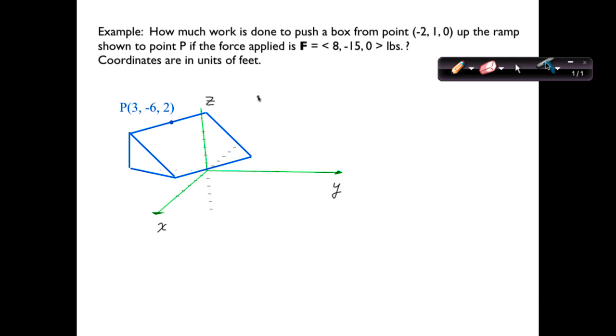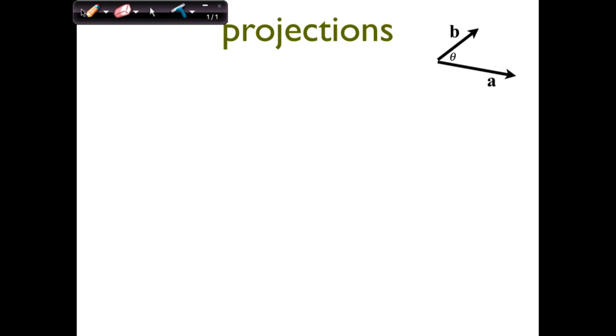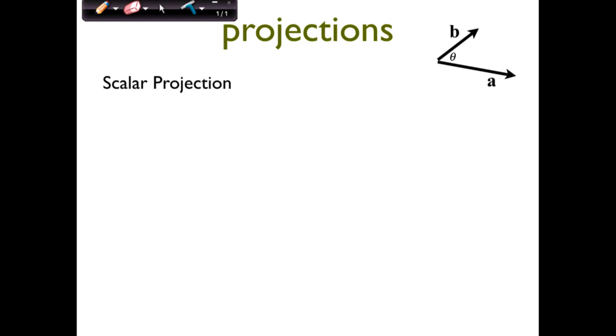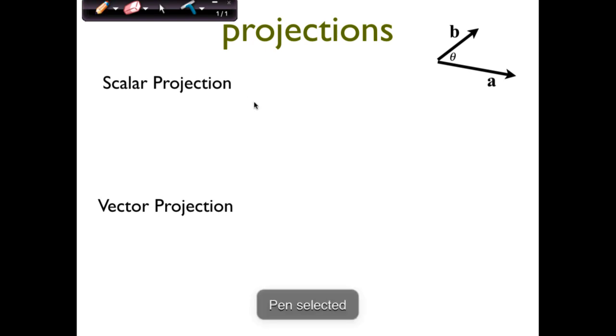Okay, moving on. So there's another thing that's important here that's called projections. There's something called the scalar projection of one vector onto another. So this is a scalar projection.